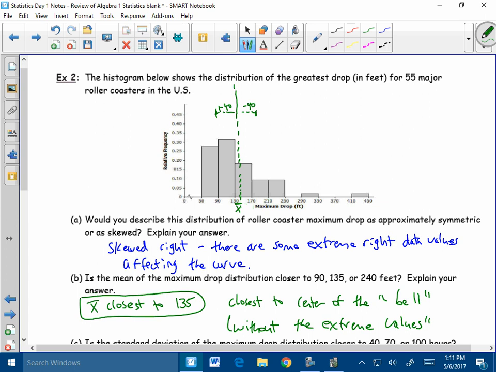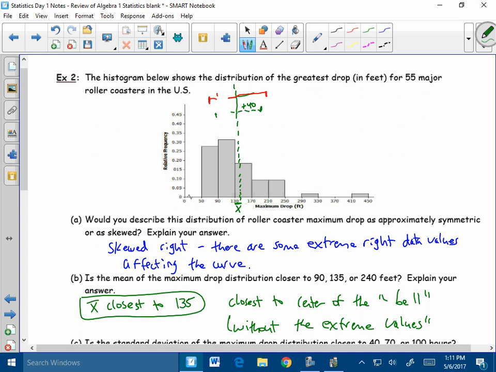If I go out 70 from my 135, that puts me about here. 70 out that way is going to be about here. I just realized I labeled these backwards. Okay.